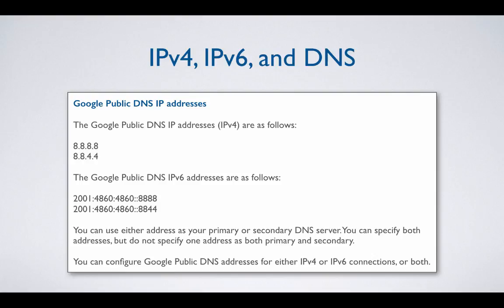IP version 6 was developed to answer a whole host of problems associated with IP version 4, not just Internet addressing. But with regard to Internet addressing, IP version 6 addressing uses 128-bit addressing. This is represented in writing as 8 hexadecimal numbers ranging from 0 to FFFF, separated by colons.